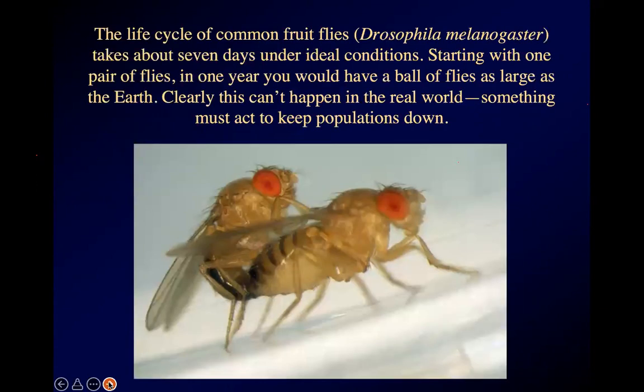And when we plug this in with some actual data, we get some rather surprising conclusions. This is a couple of fruit flies caught in the act of making more fruit flies.